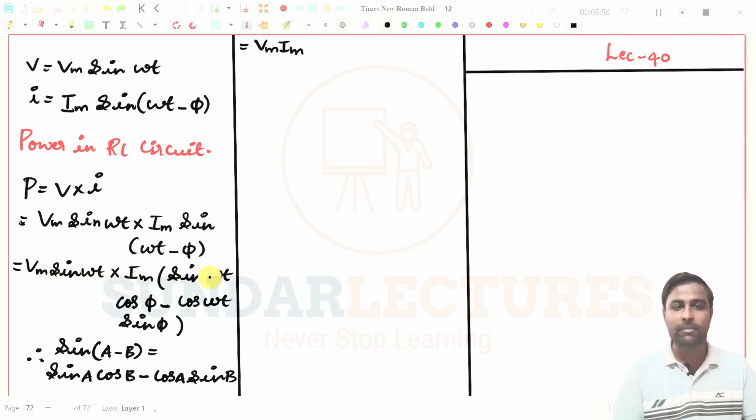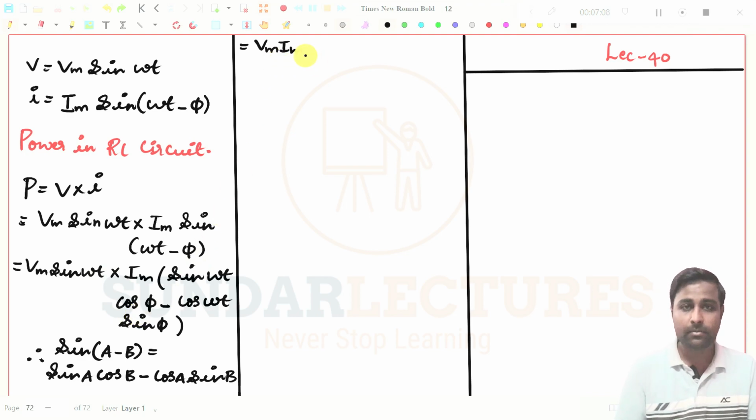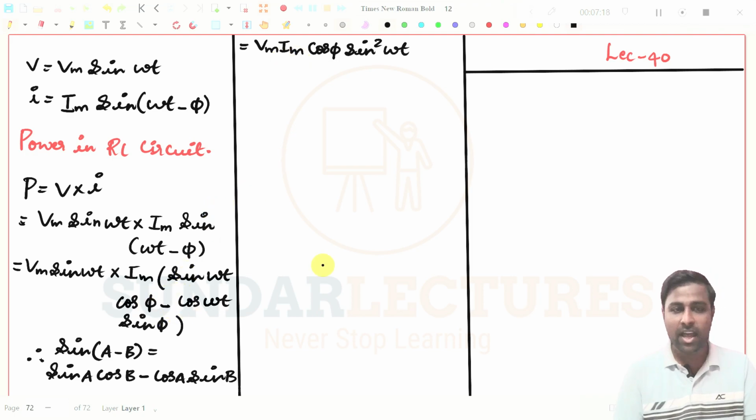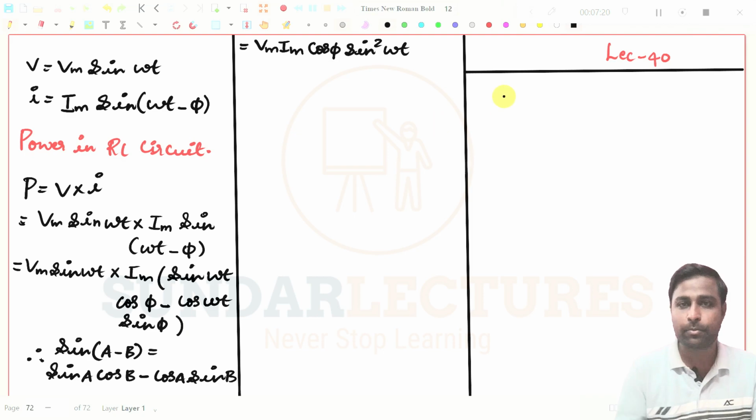So the first term becomes sin square omega t with the cos pi. Vm Im, these two multiplied, sin square omega t and cos pi. So Vm Im cos pi I keep as it is, and this term becomes sin square omega t. Okay, that's all. First term has been completed.